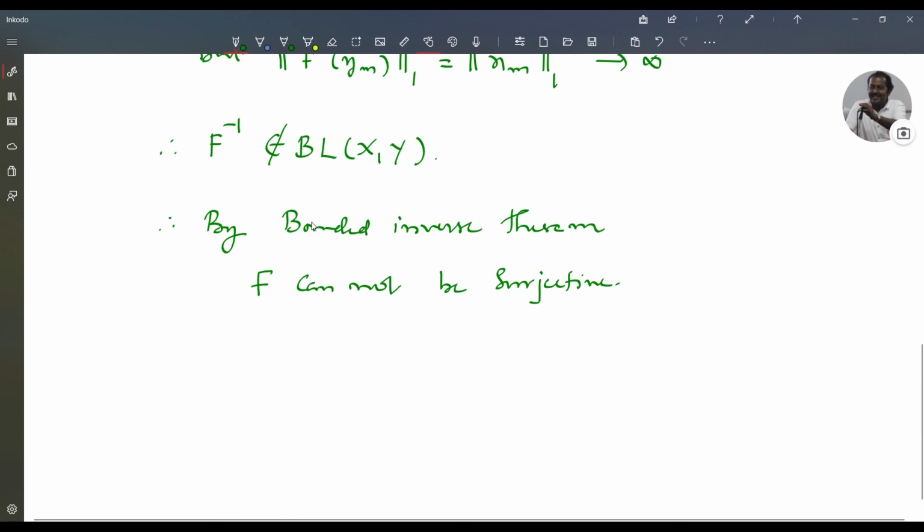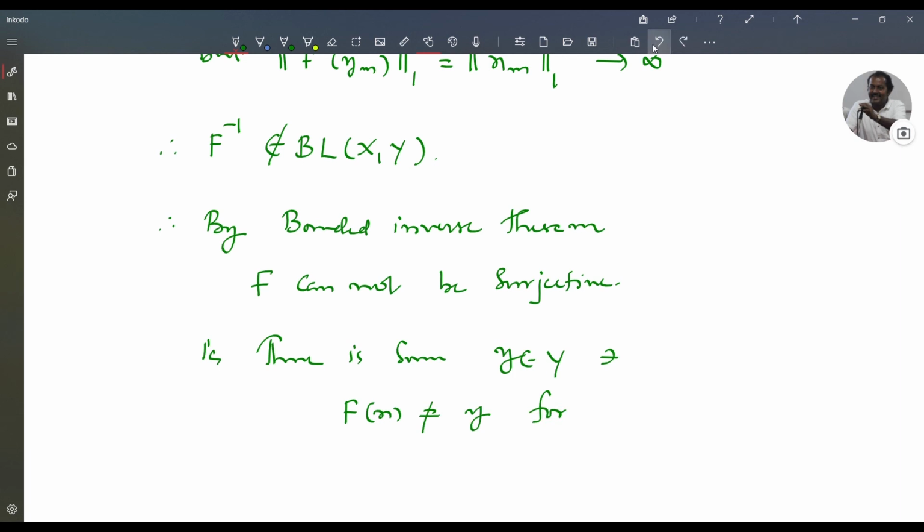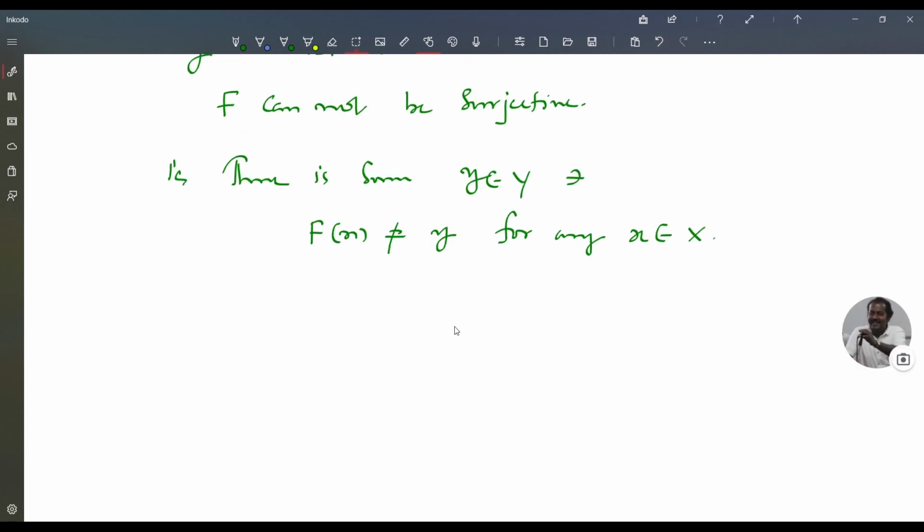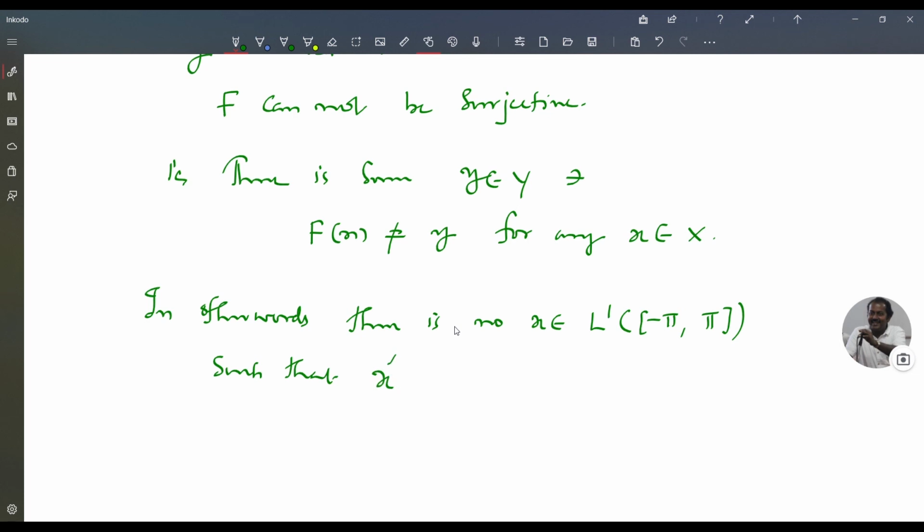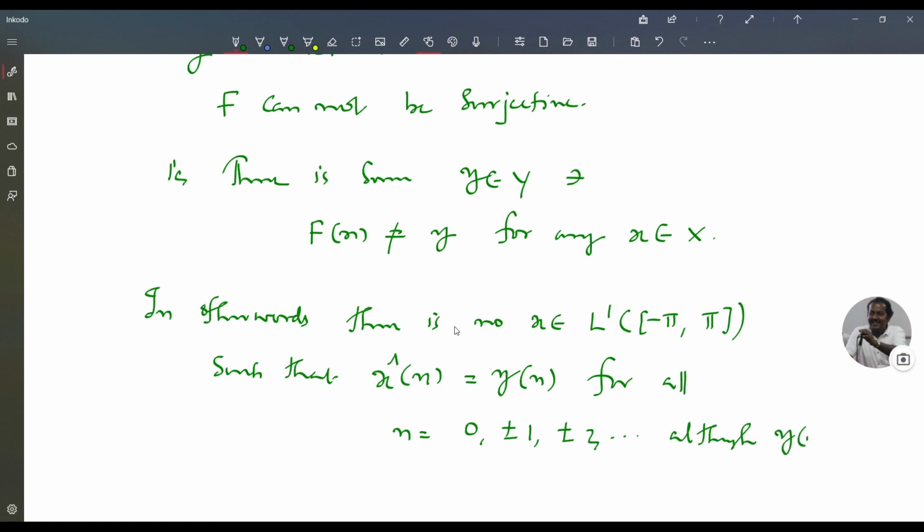That is, there is some y in Y such that f of x not equal to y for any x in X. In other words, there is no x in L1 of minus pi to pi such that x cap of n equal to y of n for all n equal to 0, plus or minus 1, plus or minus 2, etc., although y of n tends to 0 as n tends to plus or minus infinity.